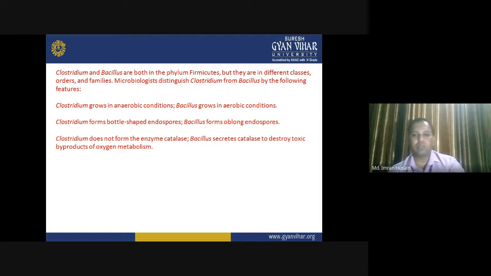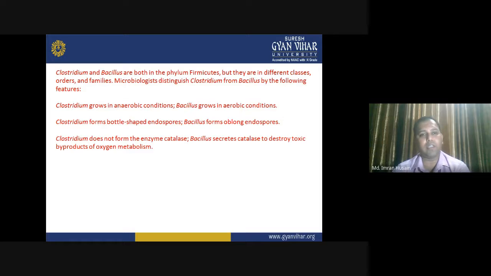In other words, for Bacillus oxygen is important, while for Clostridium, oxygen is very lethal. So here you can readily observe the two cases: one where oxygen is extremely essential, and second where oxygen is extremely poisonous.